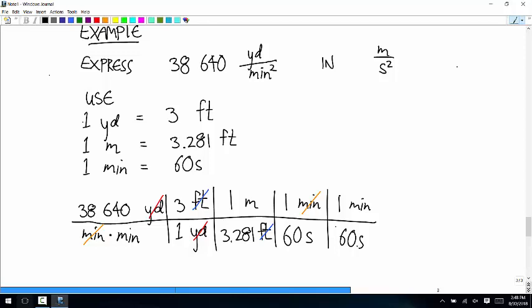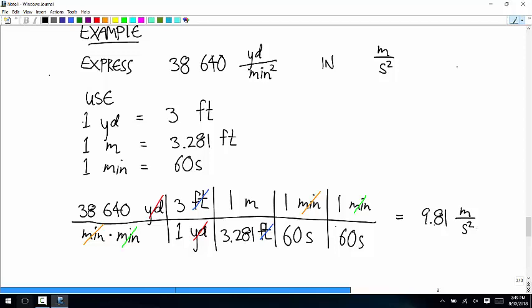Okay, so the last cancellation, minutes. And now we have length units of meters, time units of seconds. And if you multiply and divide out all these numbers, you get 9.81 meters per second squared.